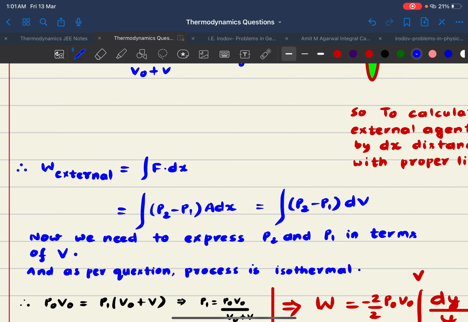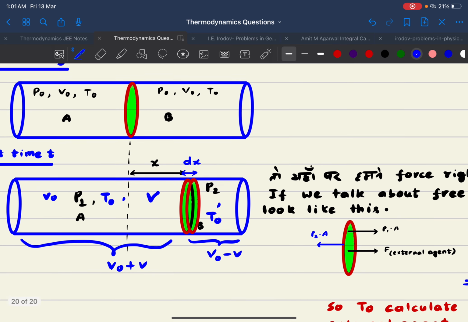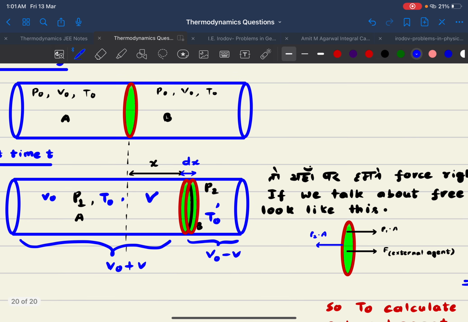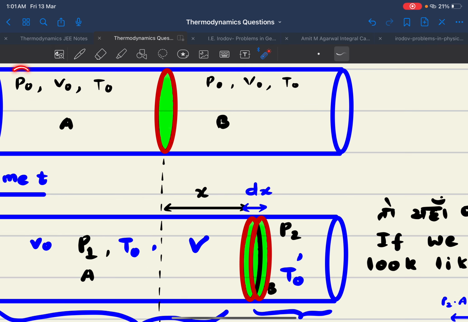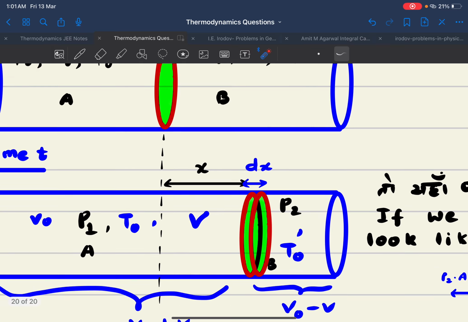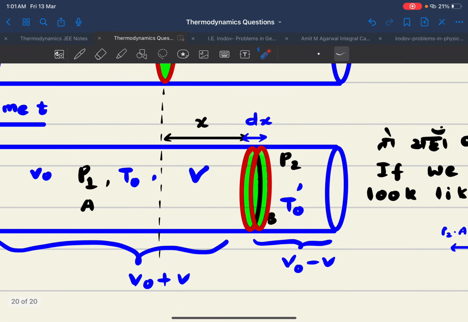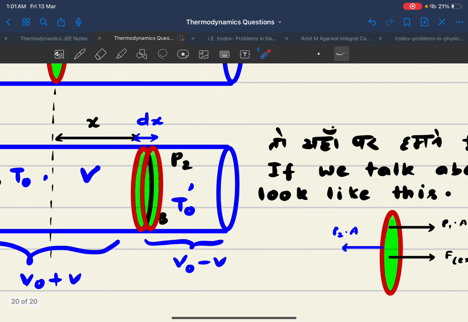Now P2 and P1 are the pressures, and we need to express the pressure in terms of initial pressure and volume. As the question says, it's an isothermal process, so can we apply Boyle's law? Boyle's law says P1 V1 is equal to P2 V2, which means P naught V naught is equal to P1 into (V naught plus V). What did we say?